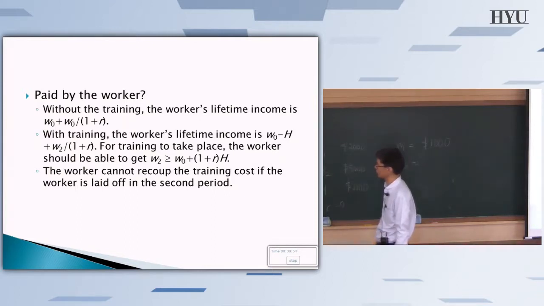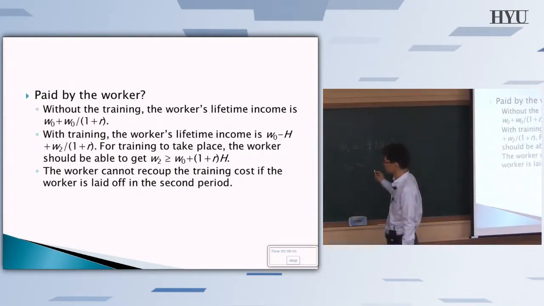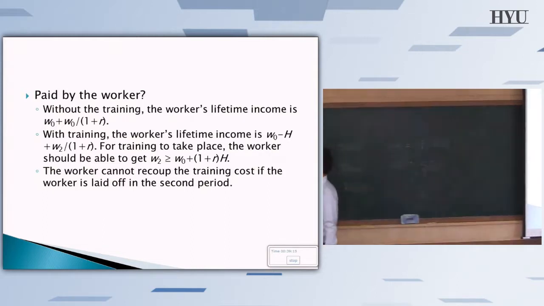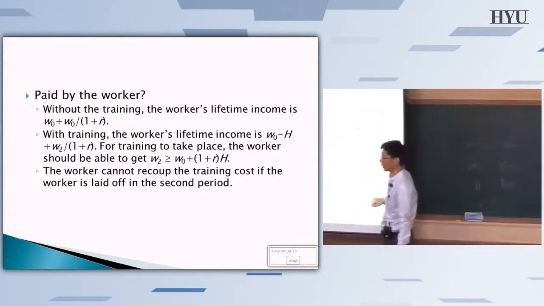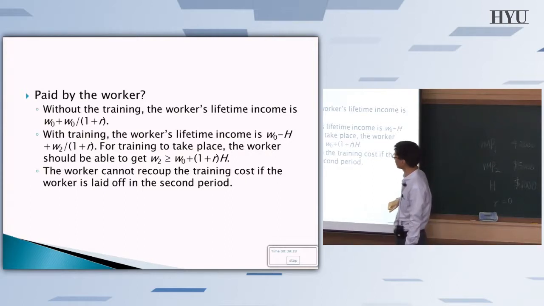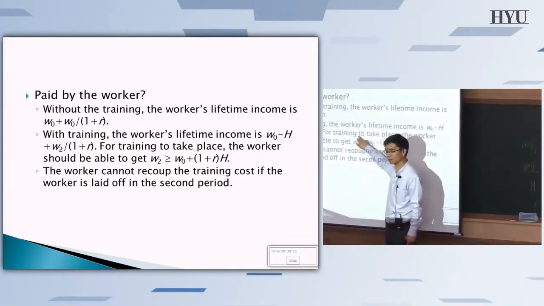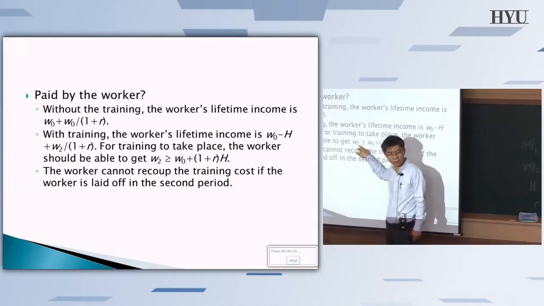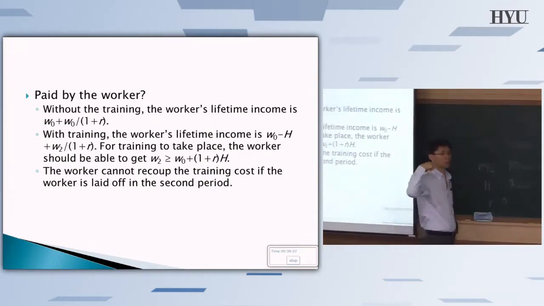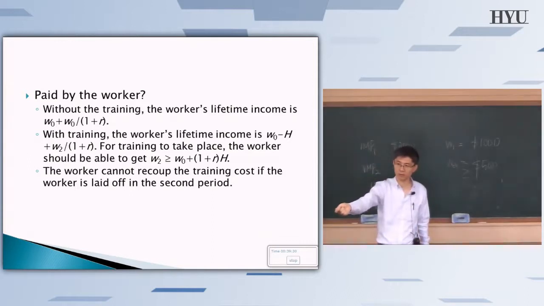And in the second period, okay, the worker should get at least $5,000 or higher. Okay? So which means that the worker is willing to get the training only when this second period wage is high enough to justify the training cost that this individual pays. Okay?